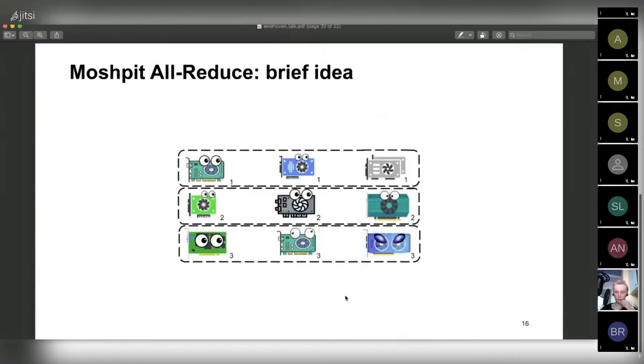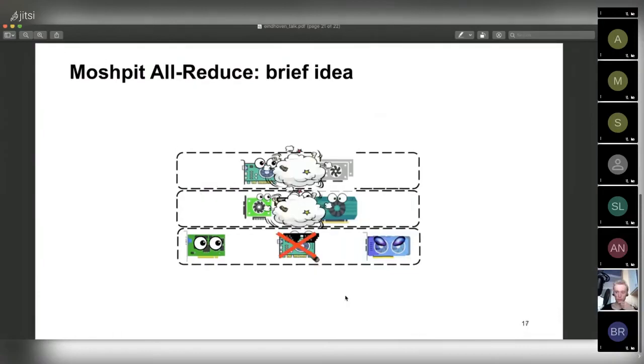Then at the next step, you separate those peers, but in a different set of groups. And what's cool is that you can do this in a decentralized manner. You don't need any central node which tells you which peers to collaborate with at this point. Then you run the averaging in a different group.